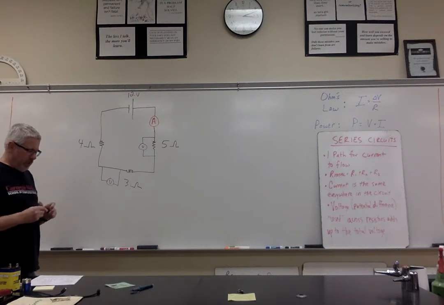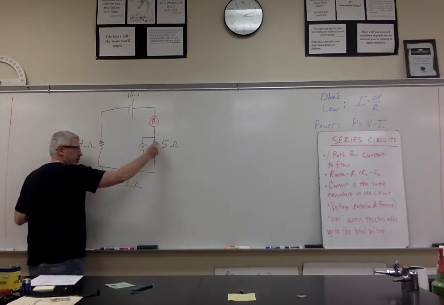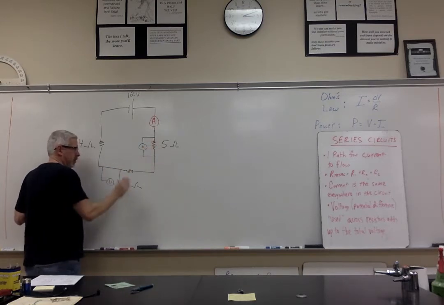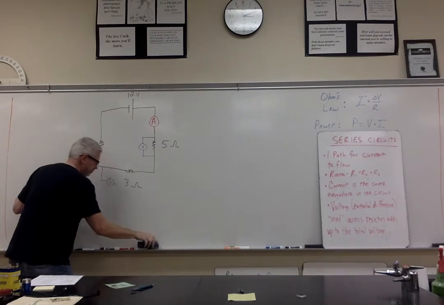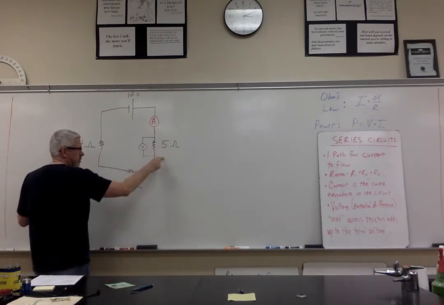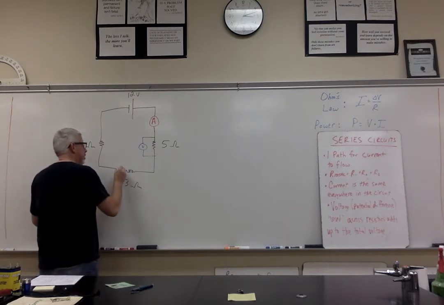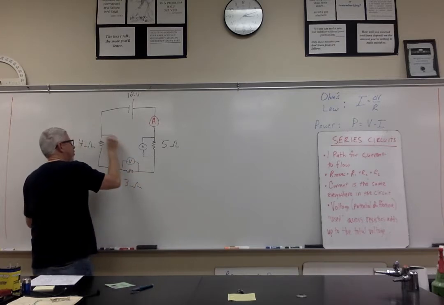So this voltmeter would read 0 volts. But here, it does take effort or electrical energy to push the electrons through in this location. So we need to measure a difference from one side of this resistor to the other. Likewise, we're going to have a voltmeter here and a voltmeter here.